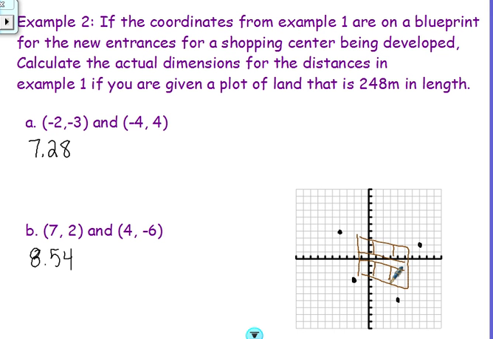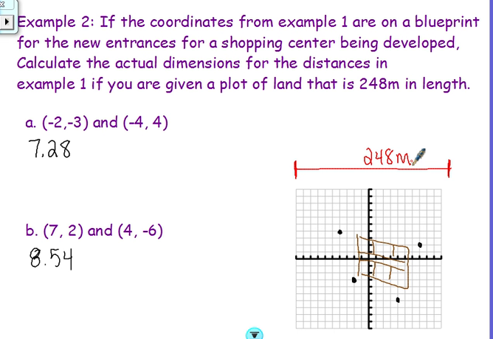We want to know what the actual dimensions for the distances would be if you're given a plot of land that is 248 meters in length. So from here to here, this is 248 meters. We're going to scale this, our blueprint, our coordinate plane, to 248 meters.